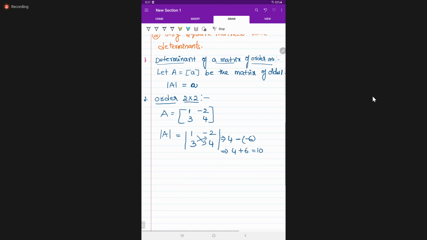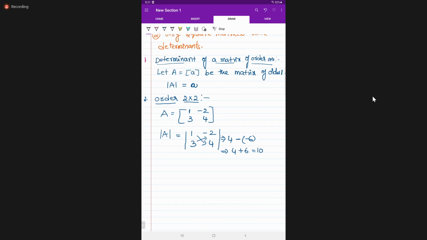Next, order 3 by 3. Before that, we'll do some examples. Ma'am, what is it written for determinant of a matrix of order 1? We are taking square matrices, right?